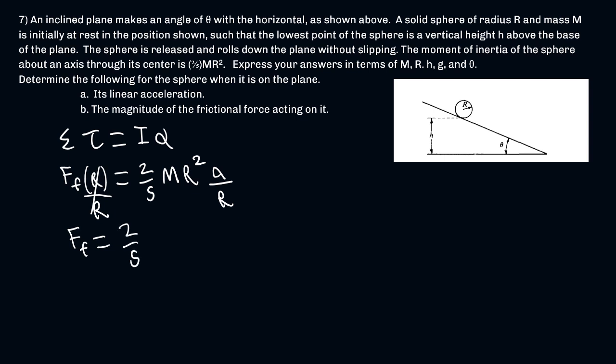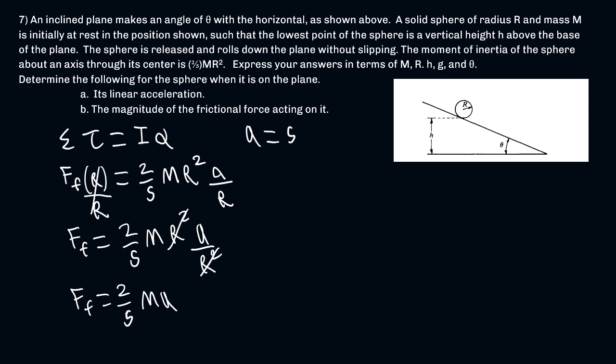So 2/5 m times R squared here over R squared, so this is going to end up canceling out. So my force of friction, we figured out, is 2/5 m a. And then we also figured out what a was equal to. a was equal to 5 times g sine theta over 7.